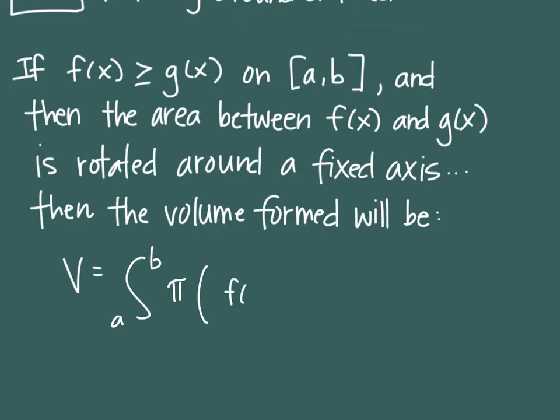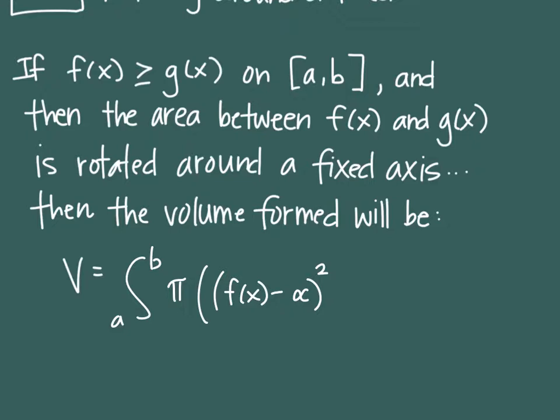So it'll be the top equation minus what I'm going to call alpha. Alpha is the thing you're rotating it around. Maybe you're rotating around the x-axis. Maybe you're rotating around the y-axis. Maybe you're rotating it around a different fixed line in space, but it's going to be the axis of rotation. That's your radius, so that quantity has to be squared.